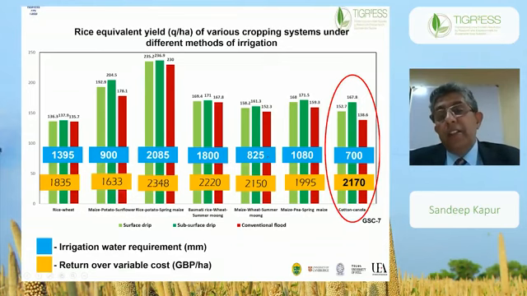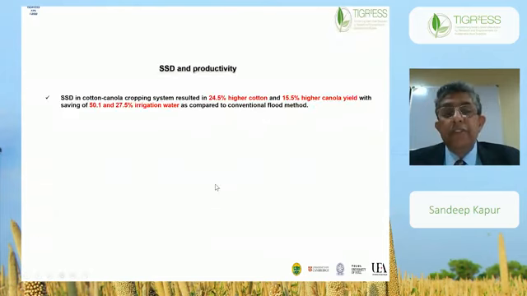What we see here is that at 700 requirement, we are able to get the rice cotton canola system to 2170, which is higher than rice wheat, but lower than a few of the other cropping systems, but we believe this is a strong contender.